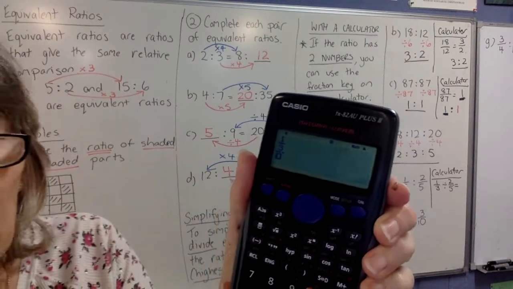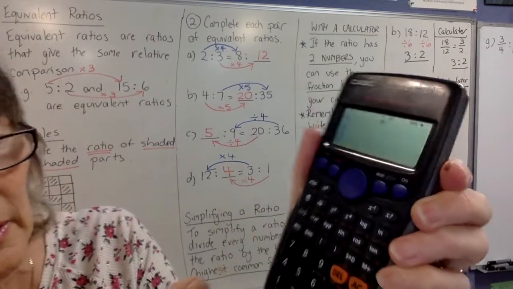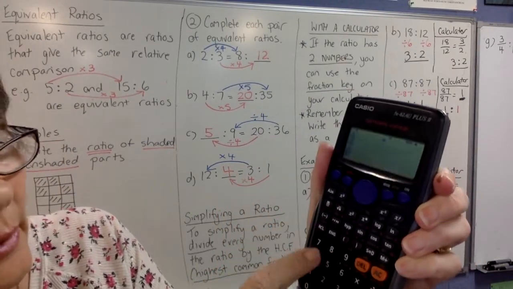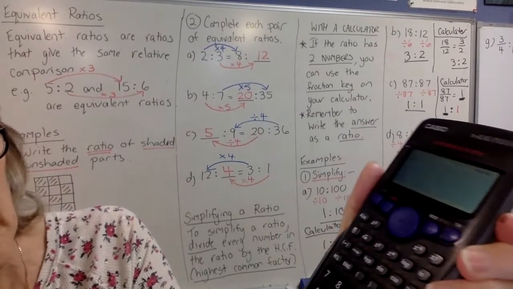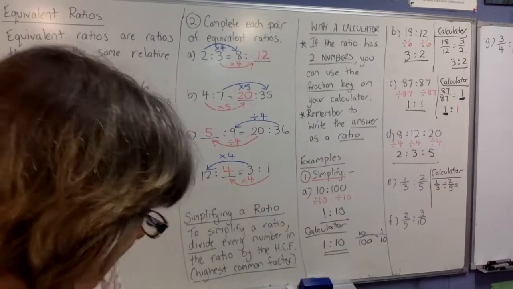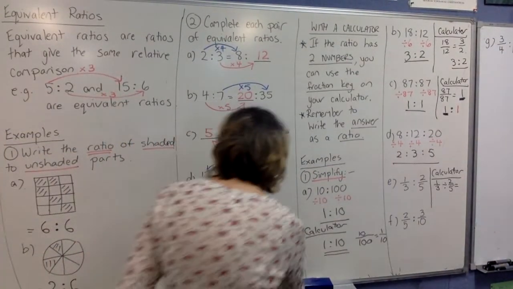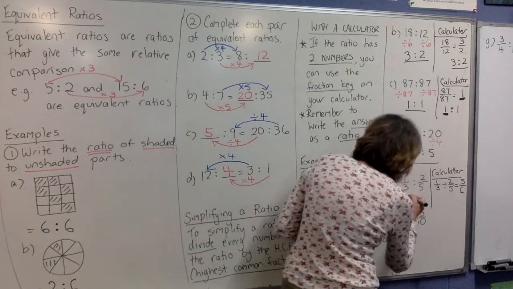So we want another fraction down there, so press the fraction key again, and now we can put 2, down arrow, 5. That's really what you're doing. Press equals, and it gives you 5 over 6, which we write down as 5 to 6.